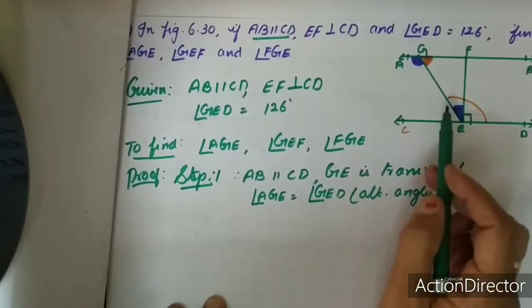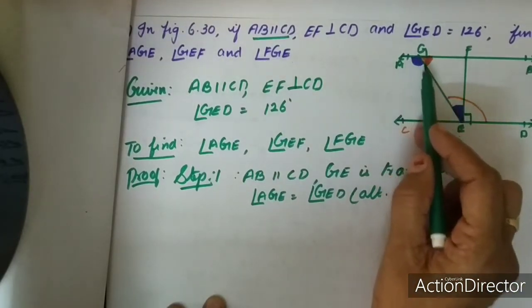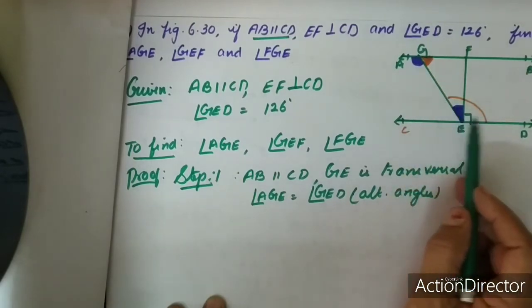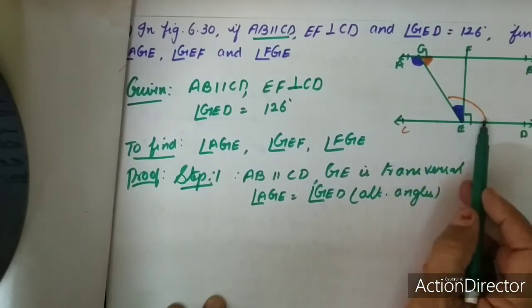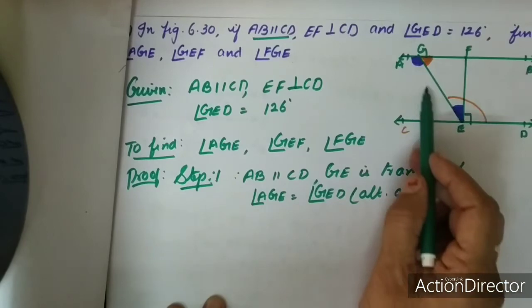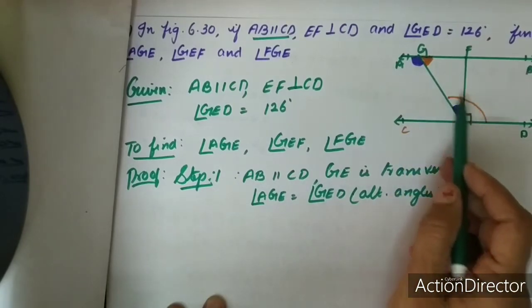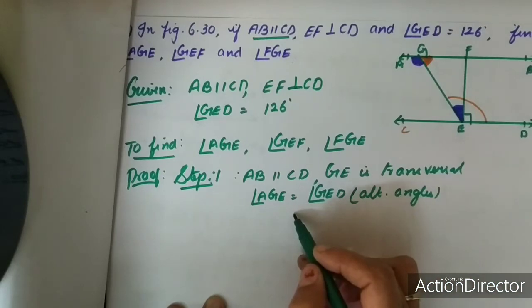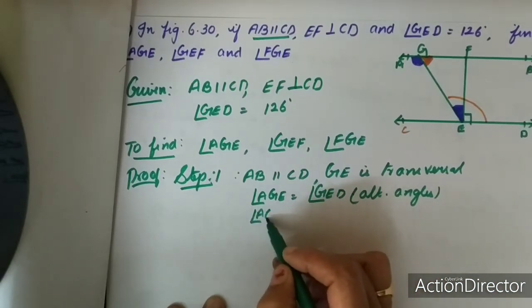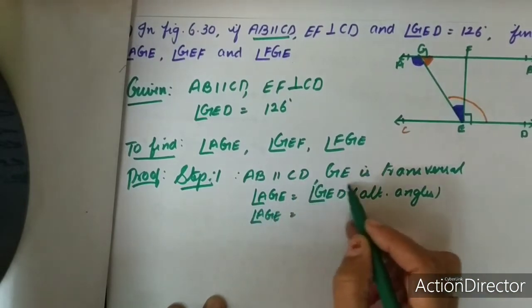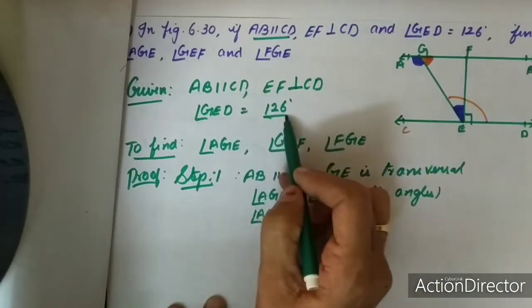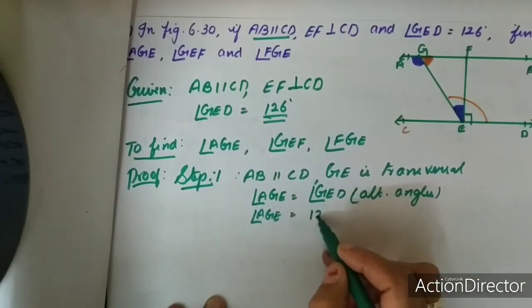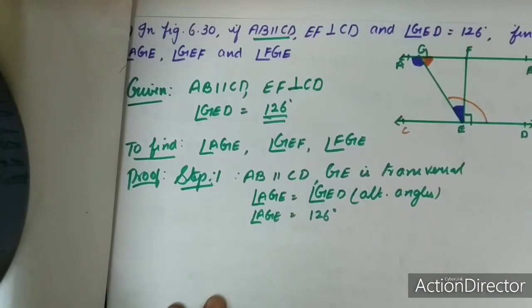See the figure, I marked like this. This AGE is equal to GED, this whole angle, because this is acting as a transversal now. So these two angles will become alternate angles. Therefore angle AGE is equal to, since this angle is given in the question as 126 degree, I will be writing it as 126 degree.